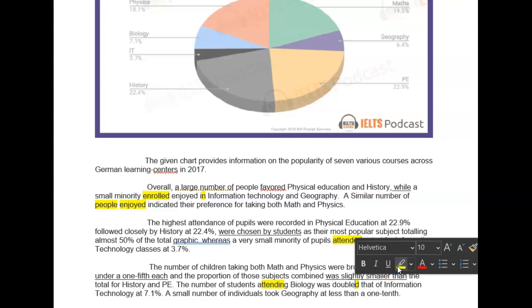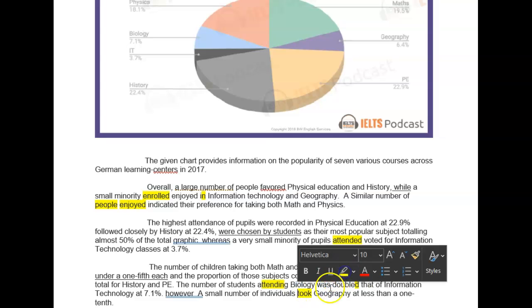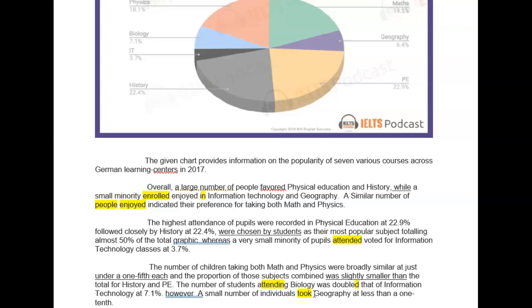Was double that of IT at 7.1. And connected, sort of, or however. So connected together a small number of individuals to geography at less than 1/10. Ranked geography, preferred geography, like geography at less than 1/10.